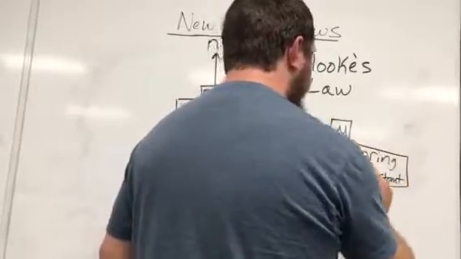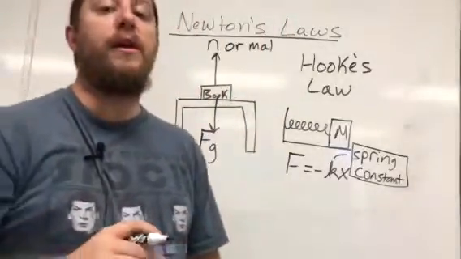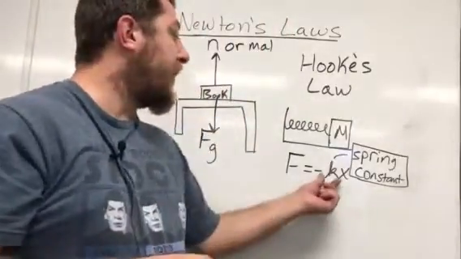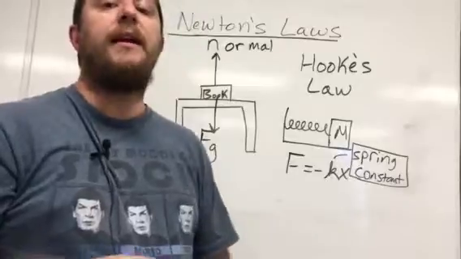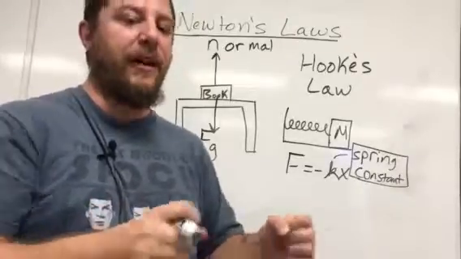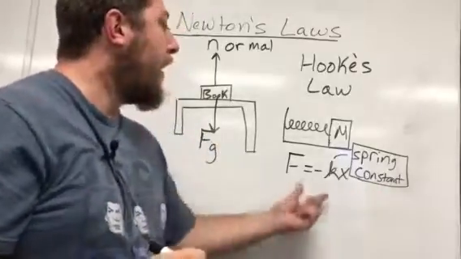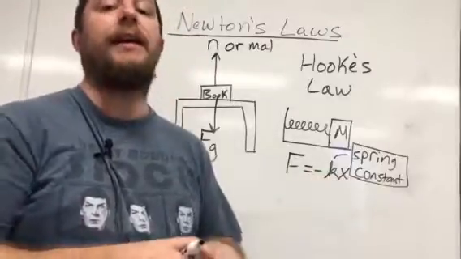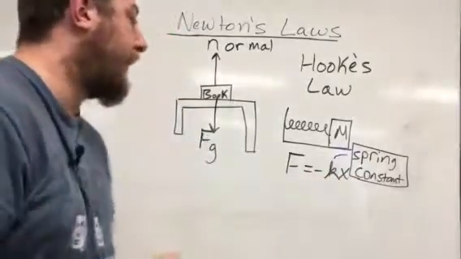It is simply a measure of how stretchy or not stretchy the spring is. A very large value of k means the spring is really stiff. It's really hard to pull the spring. A very low k, like a slinky, means that it's very stretchable.